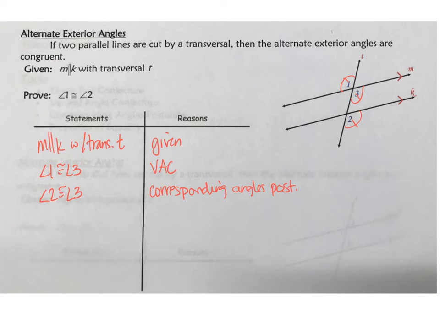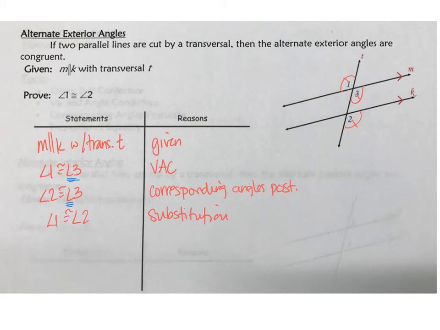And I have that same situation again where, oops, sorry, I just drew right over my 3 there. I have that same situation where both angles are congruent to angle 3, so they have to be congruent to each other. So therefore, angle 1 is congruent to angle 2 because of substitution.